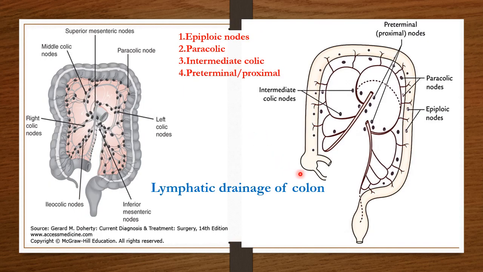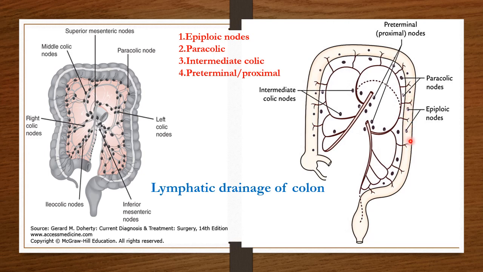The next important aspect of the colon is to consider the lymphatic drainage of the colon. There are three tiers of lymph nodes that drain the colon, both on the right as well as on the left.